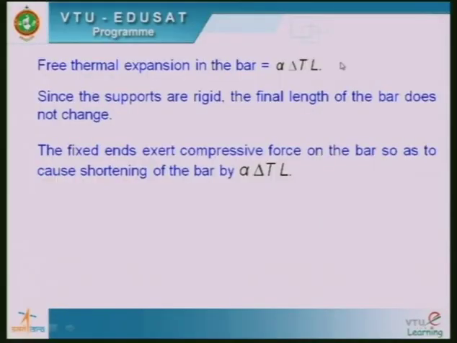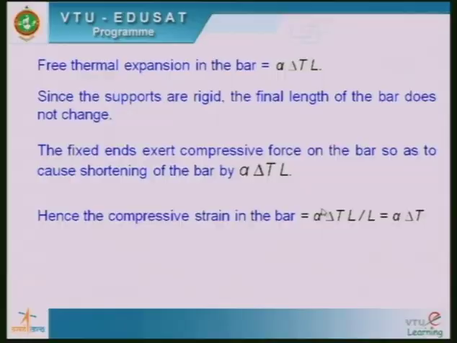If the bar would like to expand by 2 mm, the compressive forces generated by the supports will compress the bar by 2 mm, as a result of which the final length of the bar does not change.